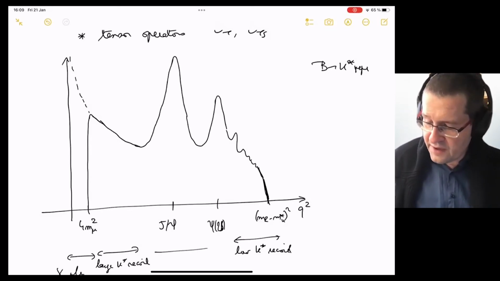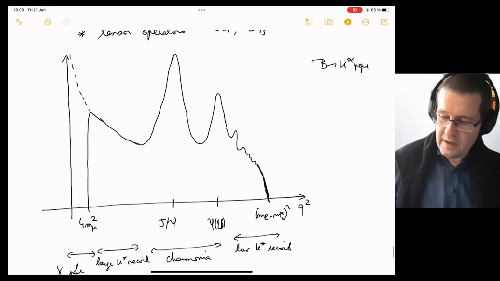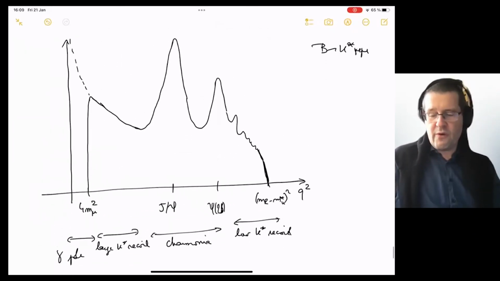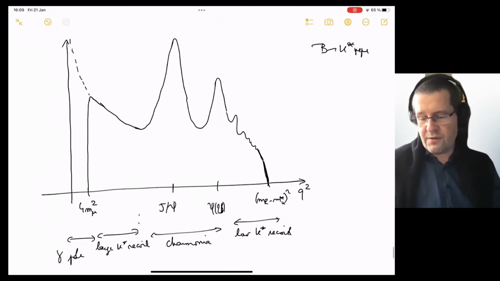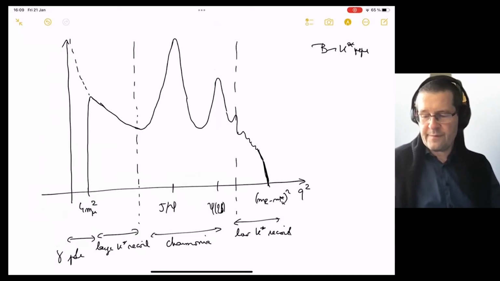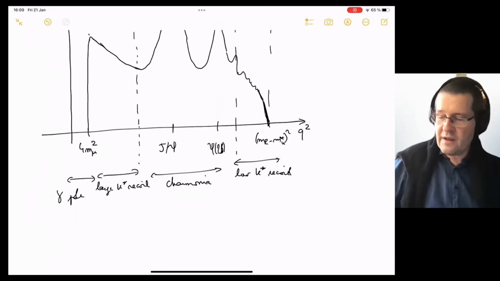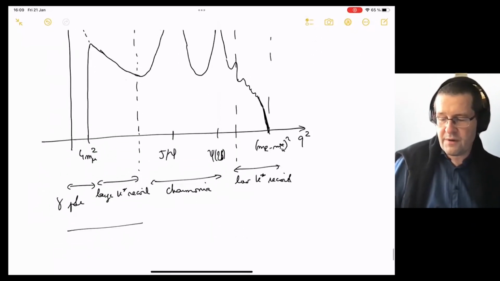And so you see that once you have this, then you can imagine doing things of interest in two regions. One which will correspond to a large K star recoil, and one which corresponds to a low K star recoil.